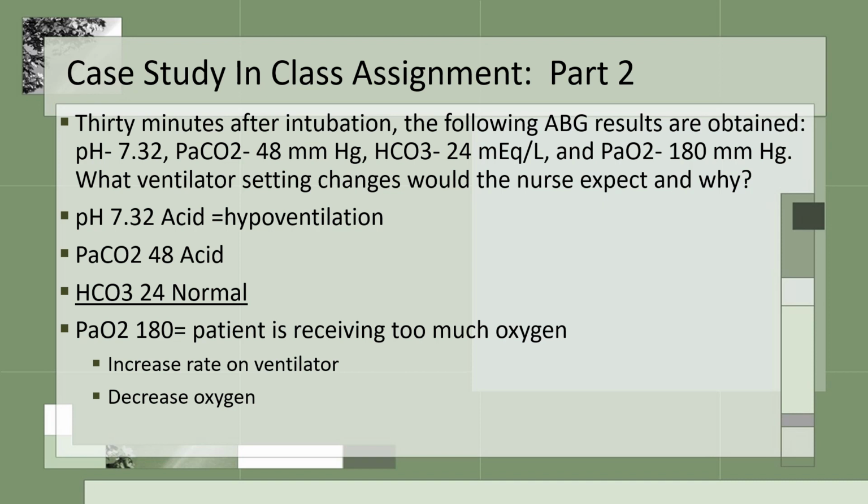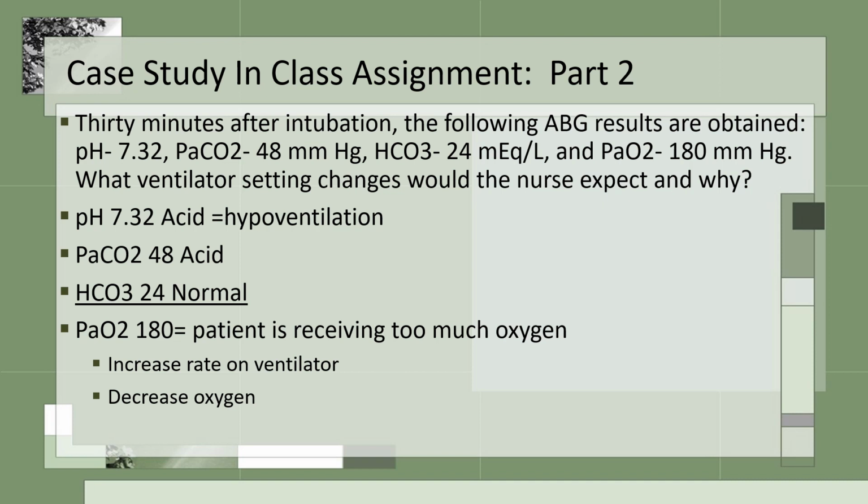Their bicarb is normal, but we know bicarb is slow to change, so it might be normal for a while until it starts compensating. So this is an uncompensated respiratory acidosis. The PaO2 is greater than 100, so we learned when it's greater than 100, we're giving too much oxygen and we need to back it off.